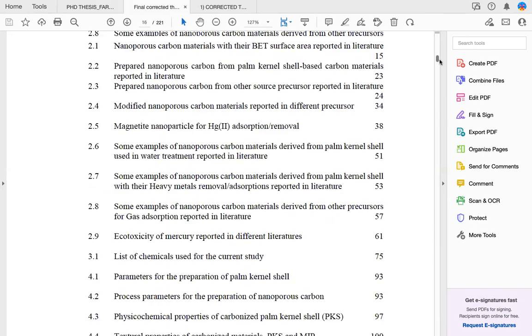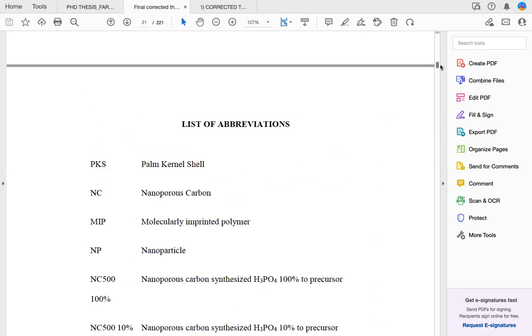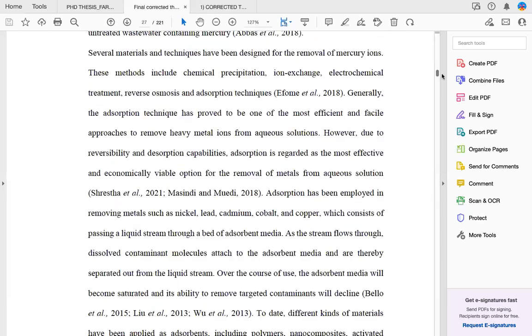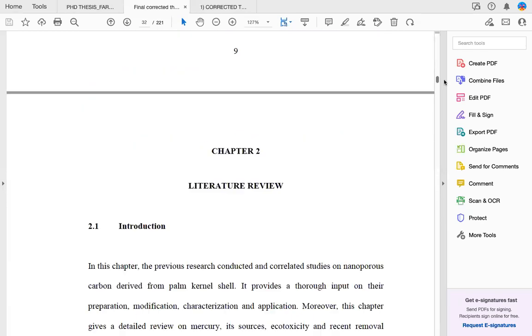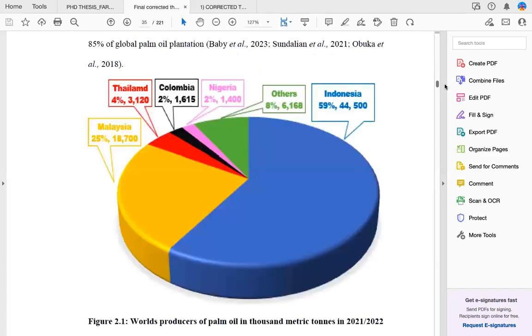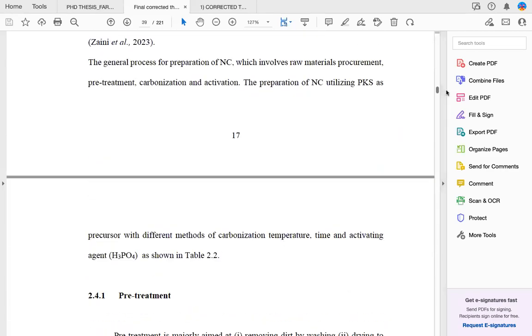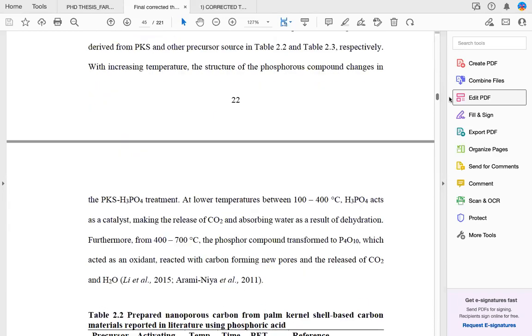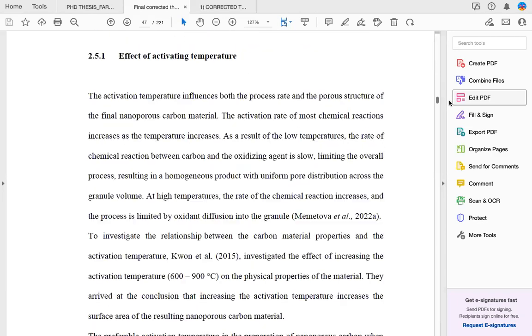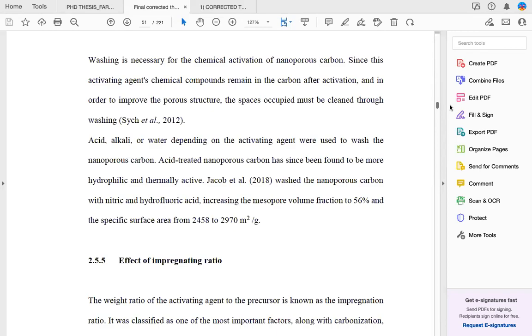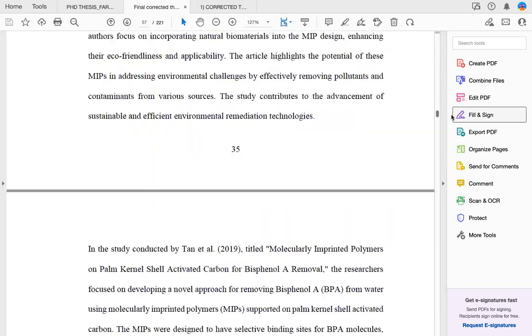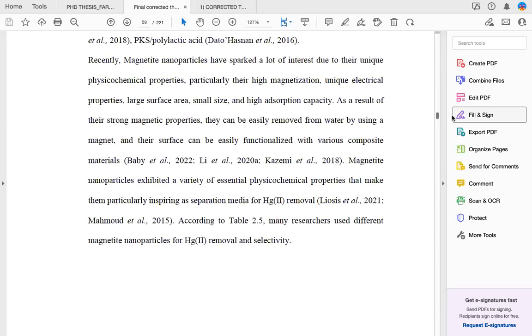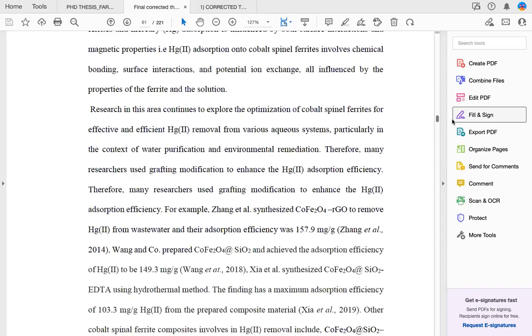Okay, let's skip through. Chapter 3. Chapter 3. Not yet.